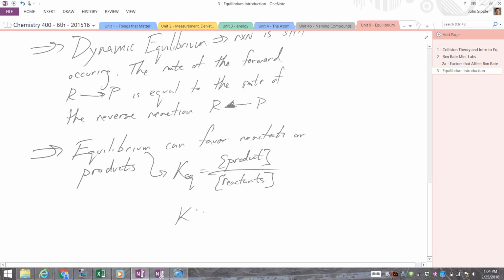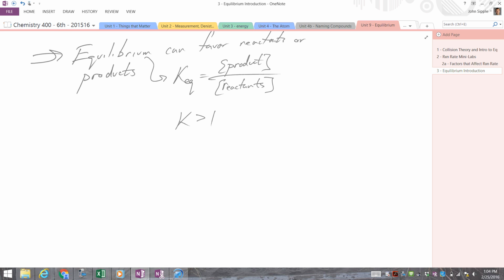So if K is greater than 1 at equilibrium, what is favored? Reactants or products? K is greater than 1, what's favored here? Which one is there going to be more of? Products. Yeah.